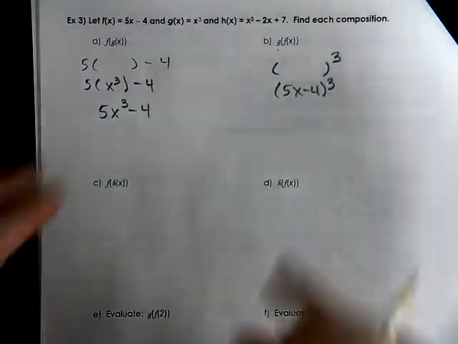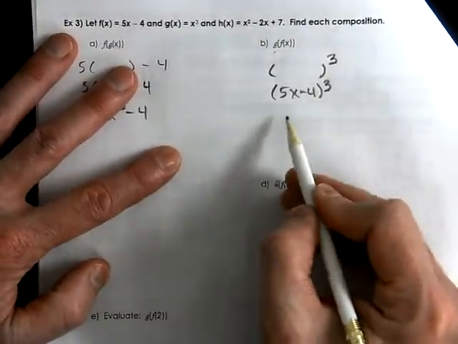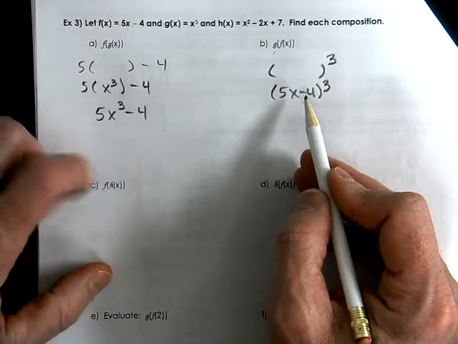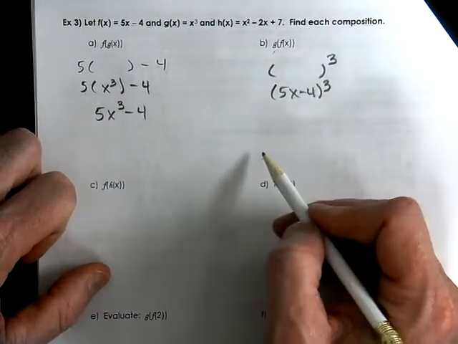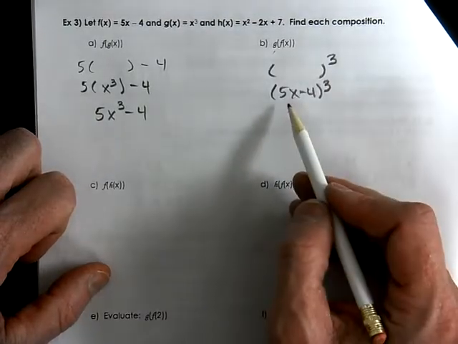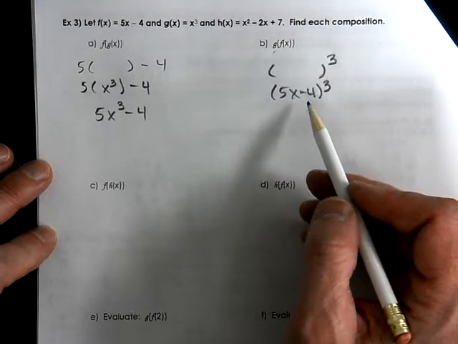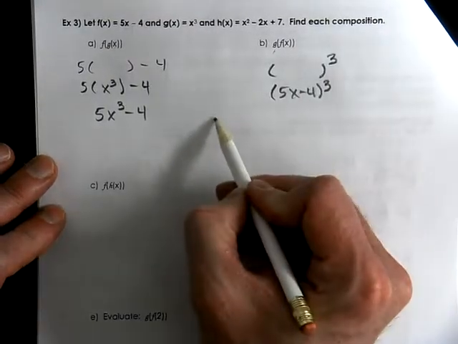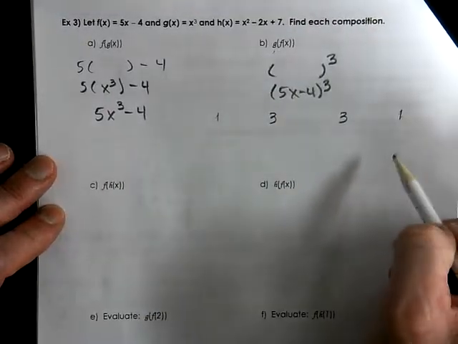Now, depending on how you want to calculate this, you could write the parenthesis 3 times, and then FOIL it, and then double distribute. That would totally work. You could also use the binomial theorem like we've learned in the past. I'll practice with that. That's 1, 3, 3, 1.